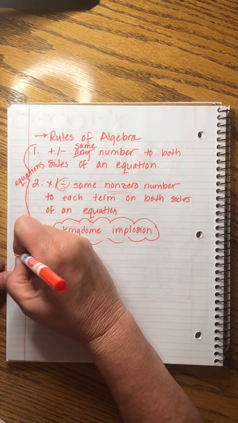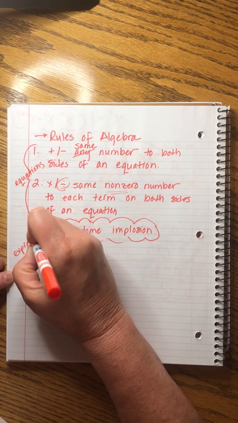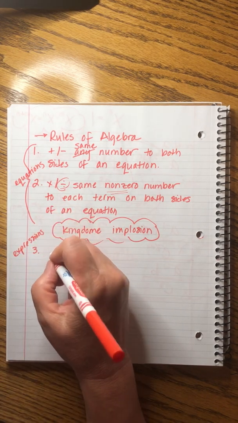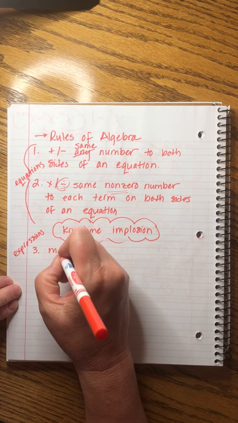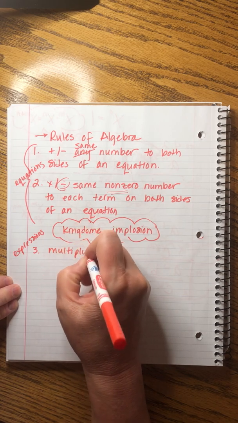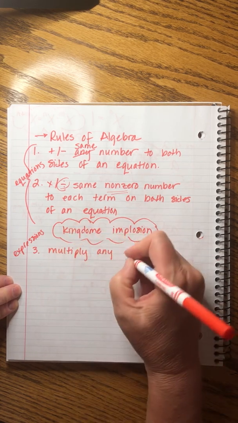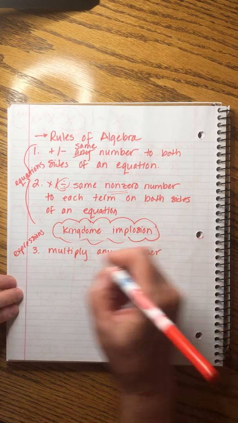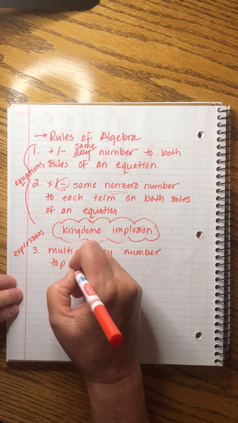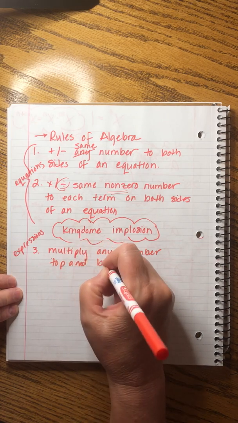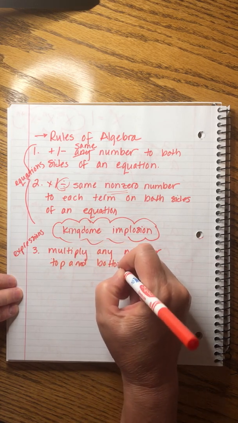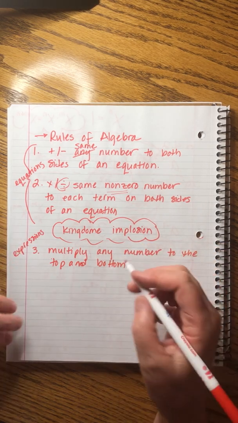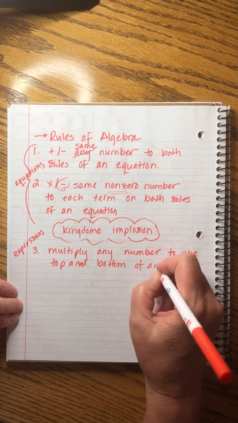The third rule, these two are for equations. And this one is for expressions, which means not equations, which is that you can multiply any number top and bottom. Let's do this, it's numerator and denominator, top and bottom of an expression.